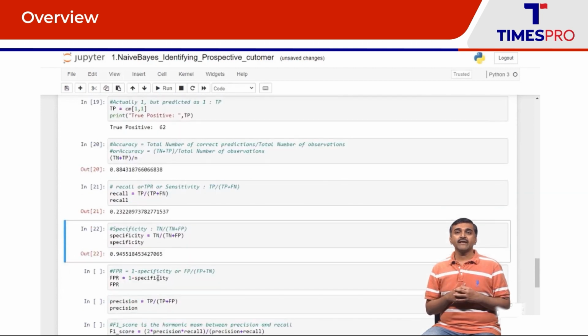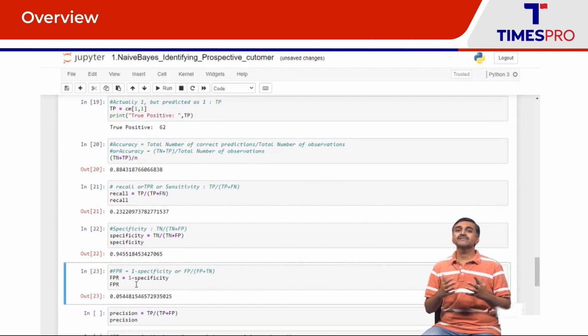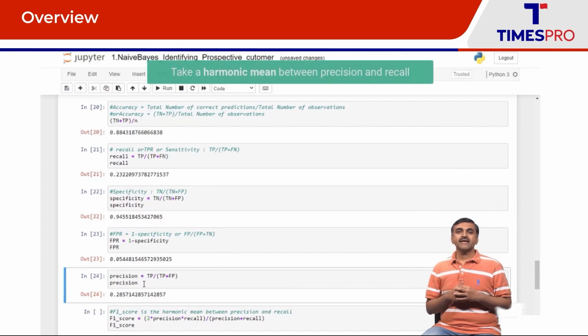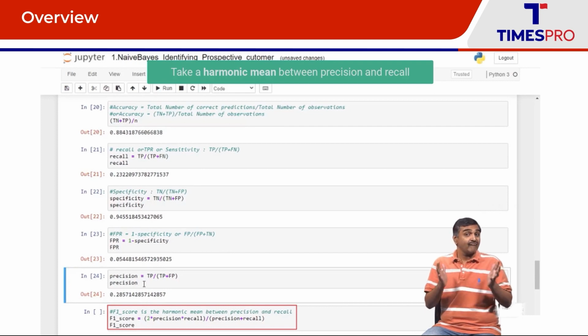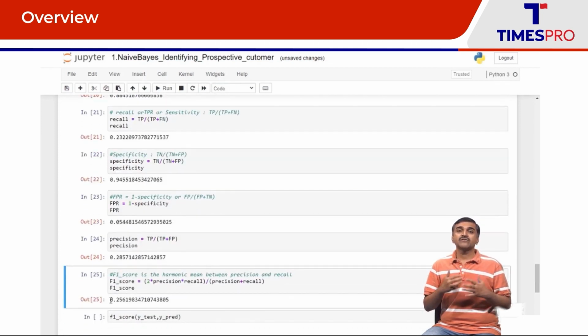False positive rate, which is nothing but 1 minus specificity, is 0.054, and precision is 0.28. Now let's take the harmonic mean of precision and recall, which gives me the F1 score: 2 times precision times recall divided by precision plus recall, which gives a value of 0.2561.